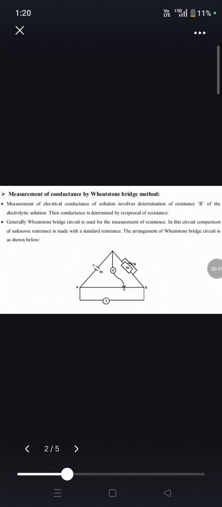In the circuit, comparison of unknown resistance is made with a standard resistance. The arrangement of the Wheatstone bridge circuit is as shown below.